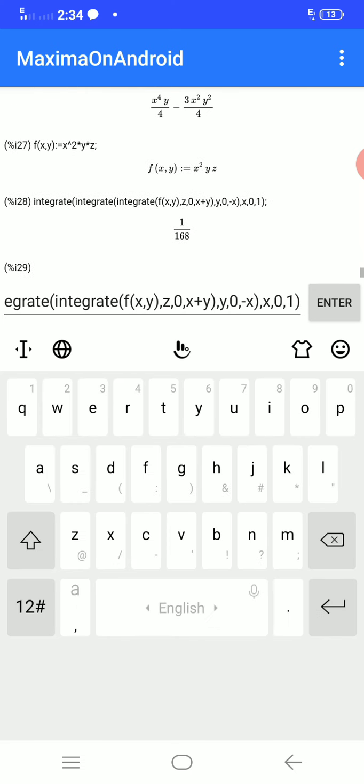So we get the output 1 upon 168. So the result of the triple integration of x squared yz dz dy dx, z from 0 to x plus y, y from 0 to minus x, x from 0 to 1, is 1 upon 168.